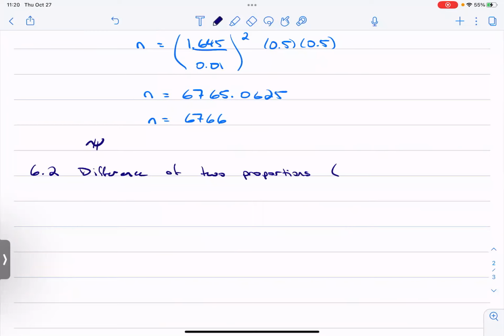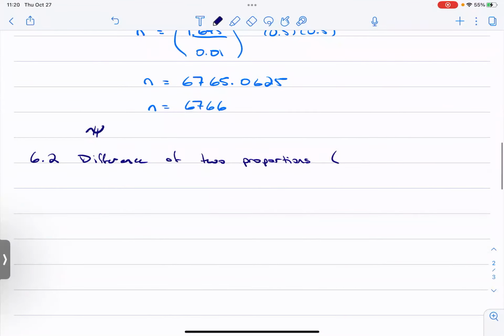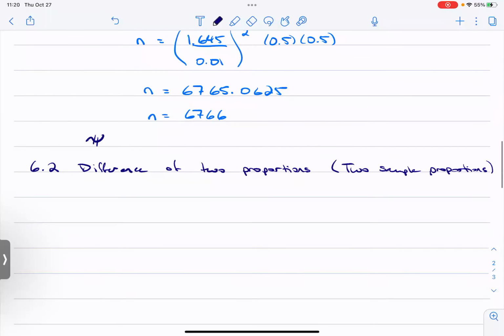I usually call this question type 2 sample proportions, just to nudge you in the direction of that: you have two samples and a proportion from each of them and you want to compare them. Just kind of on the fly, right?